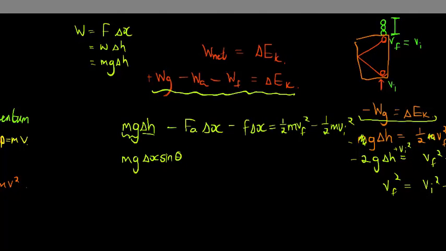Think of any value. If they ask you to find the displacement, there's displacement. If they ask you to find out the frictional force, there's the frictional force. If they ask you to find the applied force, you've got the applied force. If they ask you to find the mass, there's the mass. If they ask you to find future velocity, there's future. Initial velocity, there's initial. Gravity is a constant. If they ask you to find the height, there's the height.